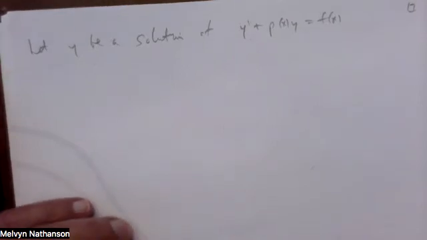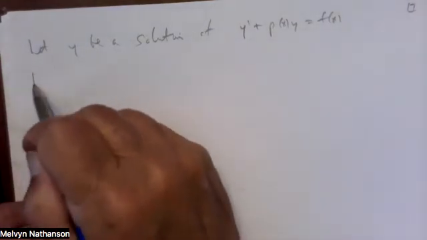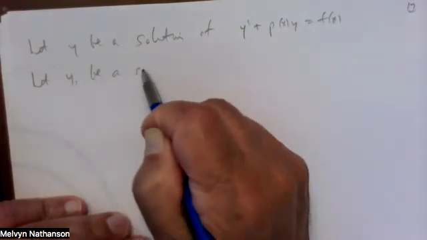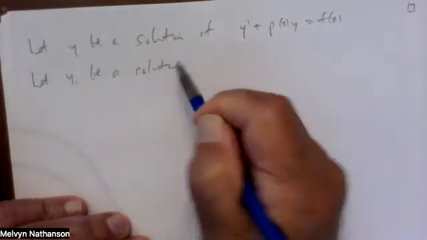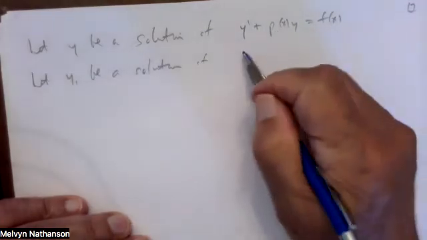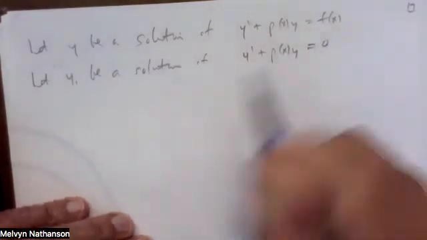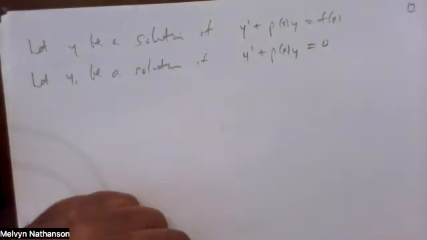So let y1 be a solution of the complementary equation y prime plus p of x y equals 0.